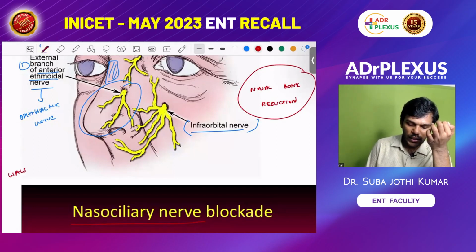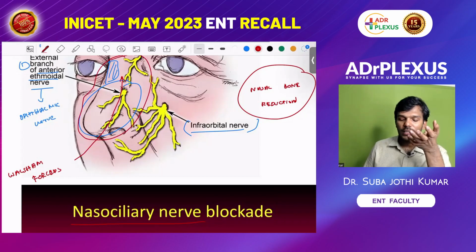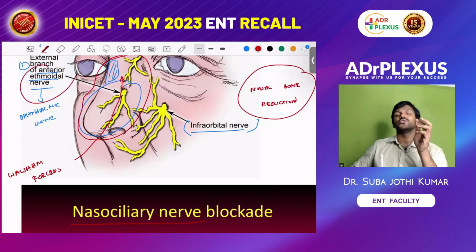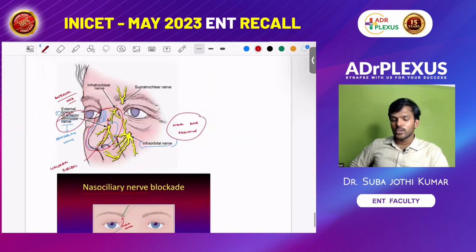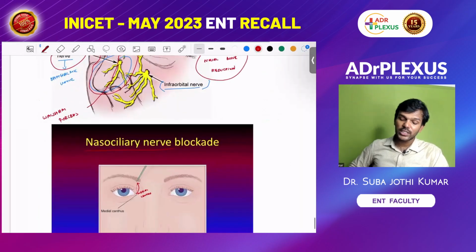Kindly make note of it, Walsham forceps. If you're going to introduce the Walsham forceps into the nasal bone, I need some local anesthesia over this area. For that reason, I could anesthetize the anterior ethmoidal nerve, which is useful for nasal bone reduction. So I hope I have made an adequate explanation for this particular question.